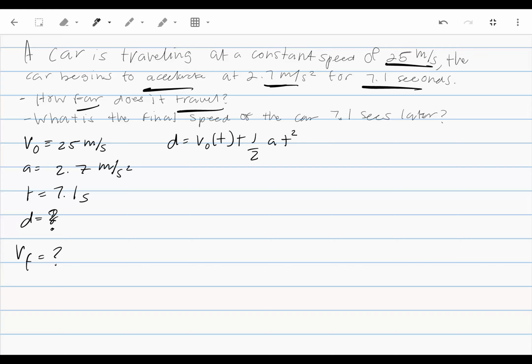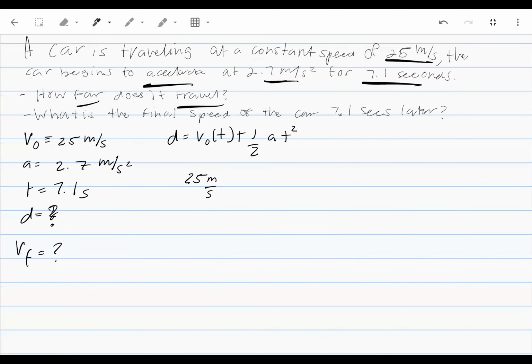The initial velocity is 25 meters per second, times the time, 7.1 seconds, plus 1/2 times the acceleration, which in this case is 2.7 meters per second squared, times your time, 7.1, but in this case for the equation you would put that to the power of 2, all equal to distance.